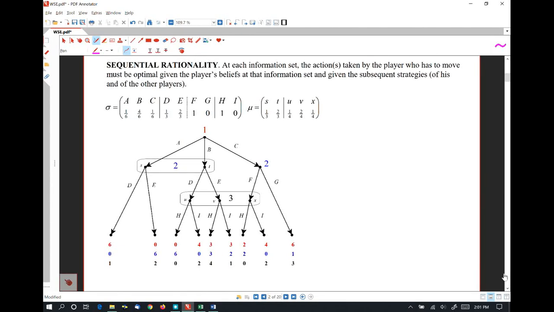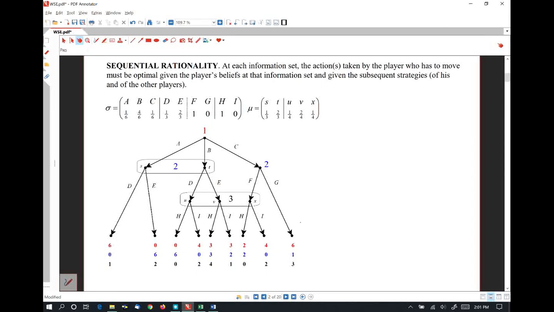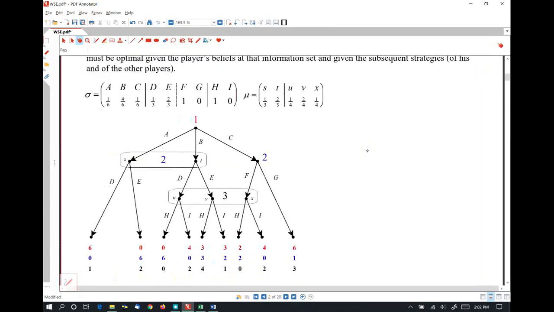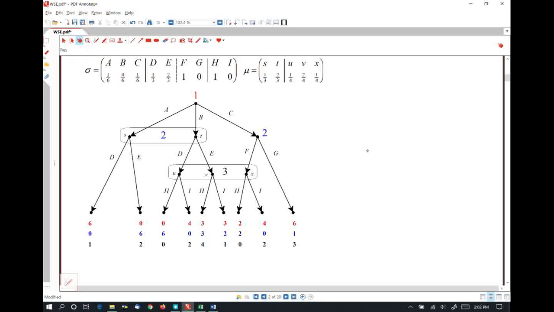For player 2 at the right node, he plays F for sure, and for player 3 at the bottom information set, he plays H for sure, probability 1. And then we have these beliefs. So I named the nodes inside the information set. So let me enlarge this, and let's write these probabilities.